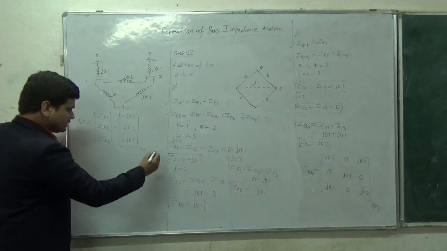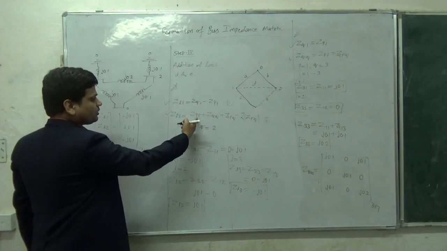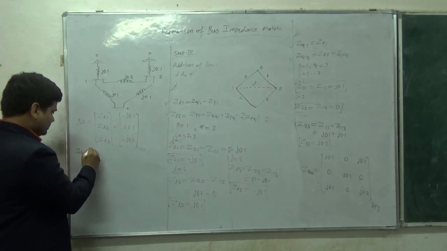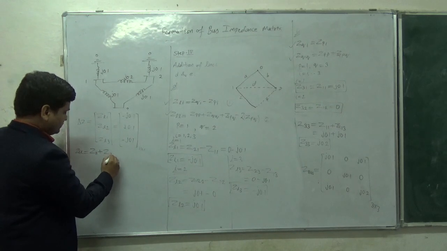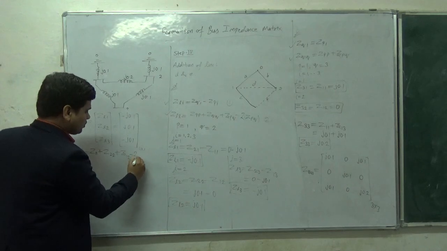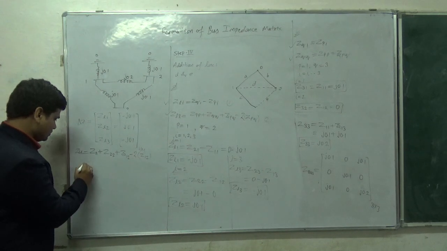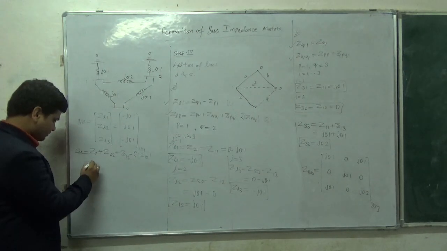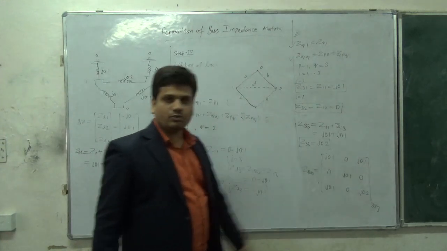So this ZLL formula is given here. You know P is 1 and Q is 2. This is small, this is capital. So write Z11 plus Z22 plus small z12 minus twice of capital Z12. Now put the values. Z11 is j0.1, Z22 is j0.2.